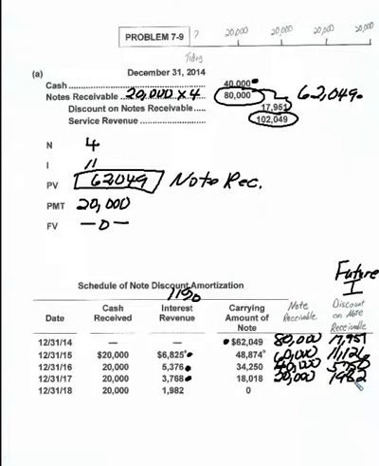Okay? And then at the end of the fourth year, our final payment, after that 20,000, there's no note receivable. We'll take the 18,018 times 11%, arrive at this 1982. The 1982 then reduces our discount down to 0, and we're all finished.